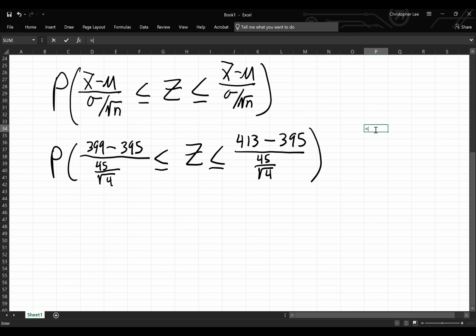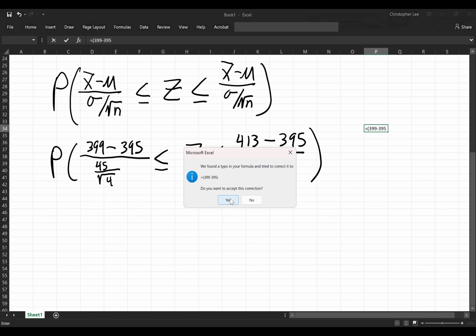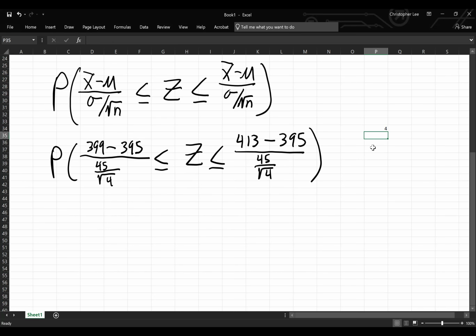So I'm gonna just do this real quick. 399 minus 395, divided by 45 divided by 2. Okay. So for the first one, I want to know the probability of 0.17.